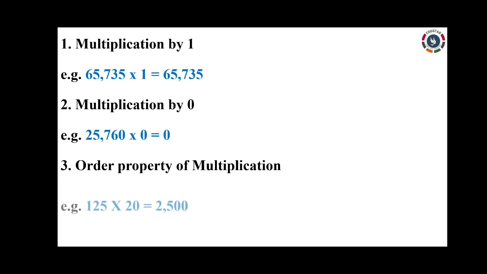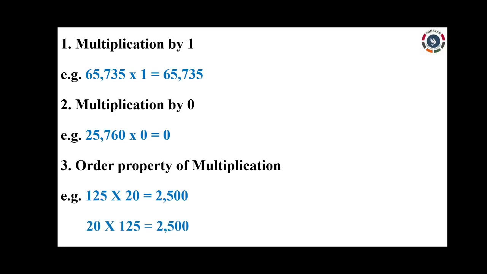The answer does not change. Example, 125 into 20 which is equal to 2500. 20 into 125 which is equal to 2500. So if we change the order of the numbers, the answer does not change.